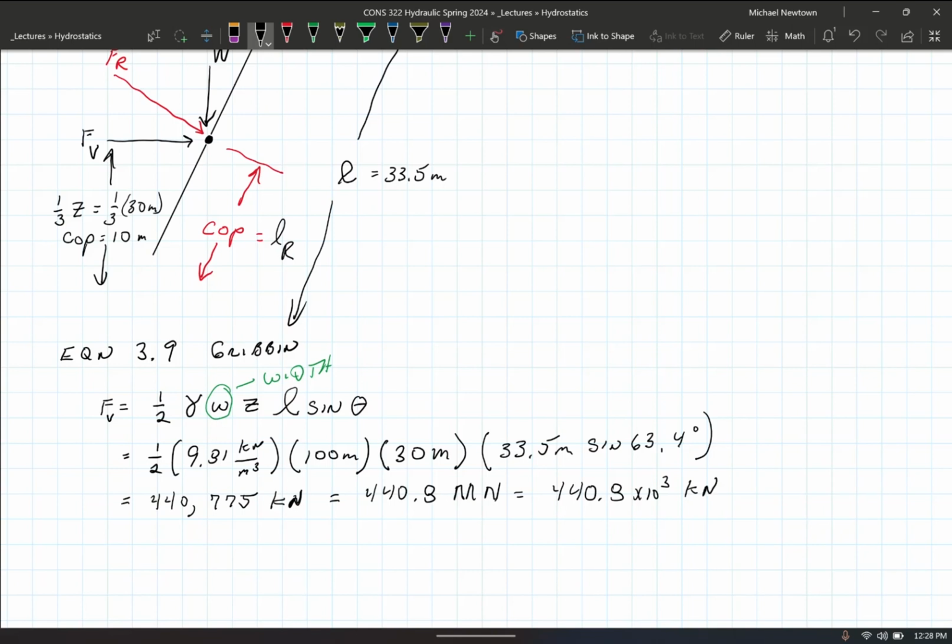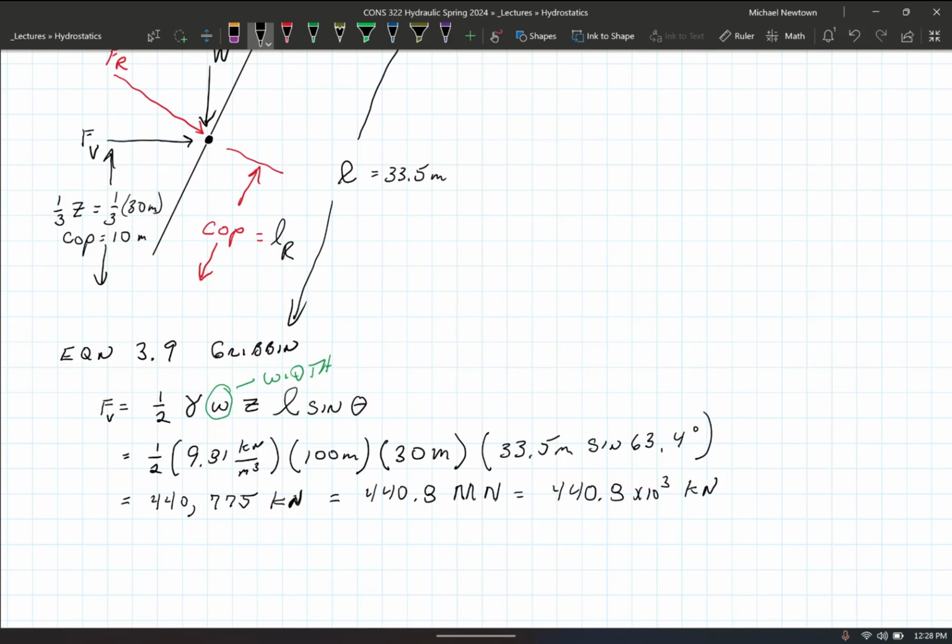Keep going any way you want. We could do 0.44 times 10 to the 6 newtons.